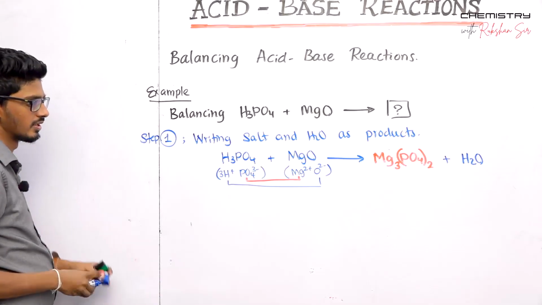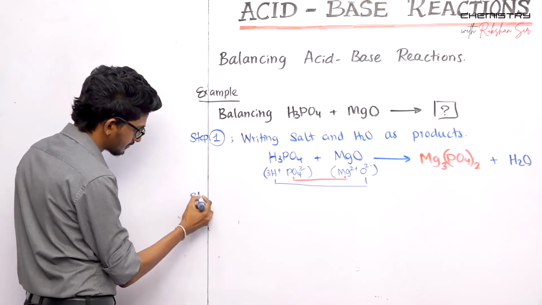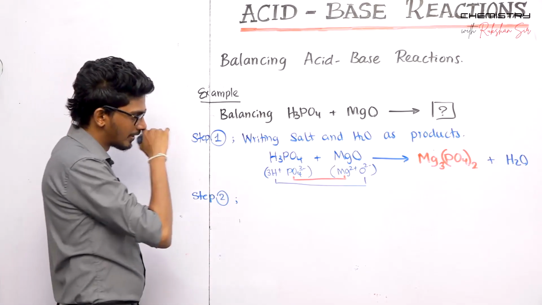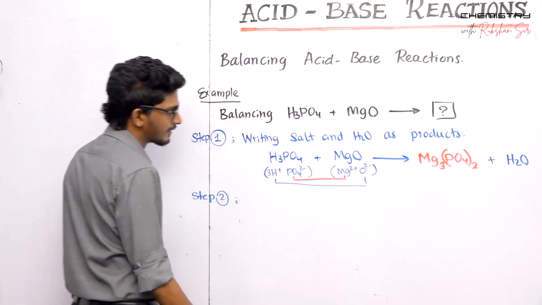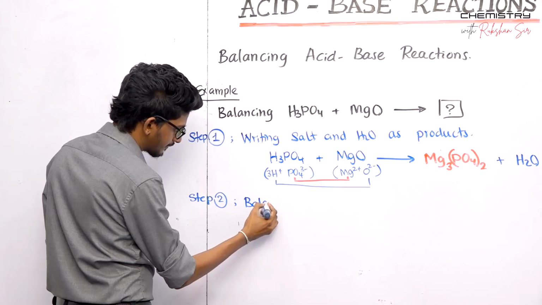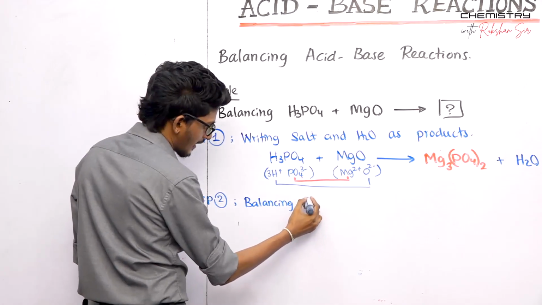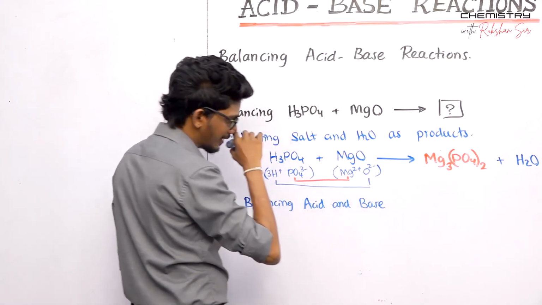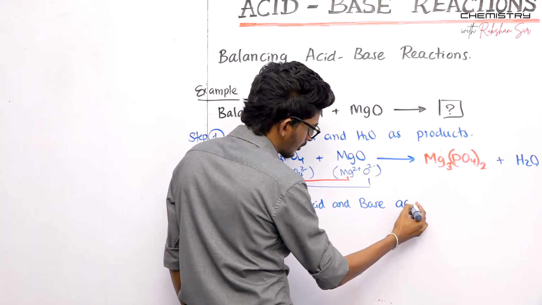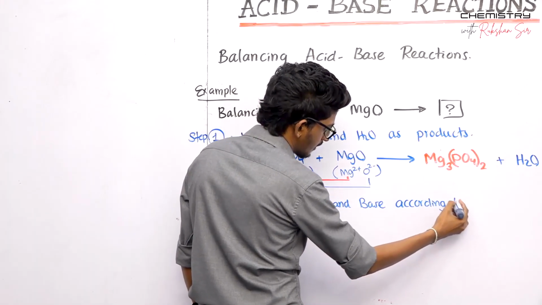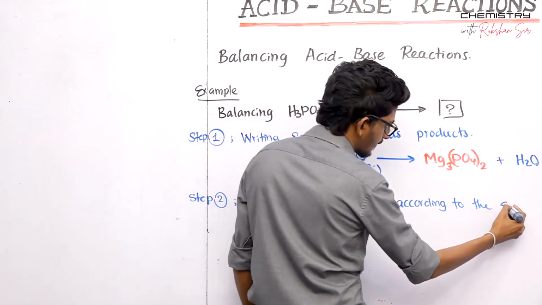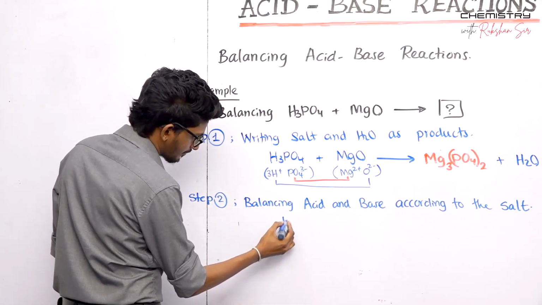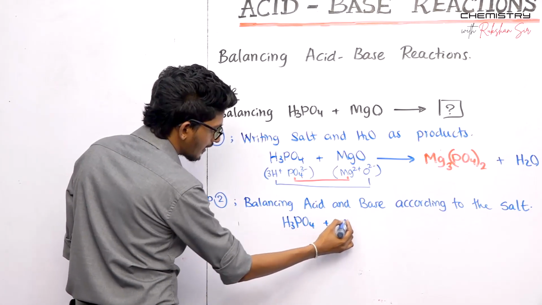Let's come up with step 2. Step 2 is balancing the acid and base by looking at the salt, right? So you have H3PO4, magnesium oxide.